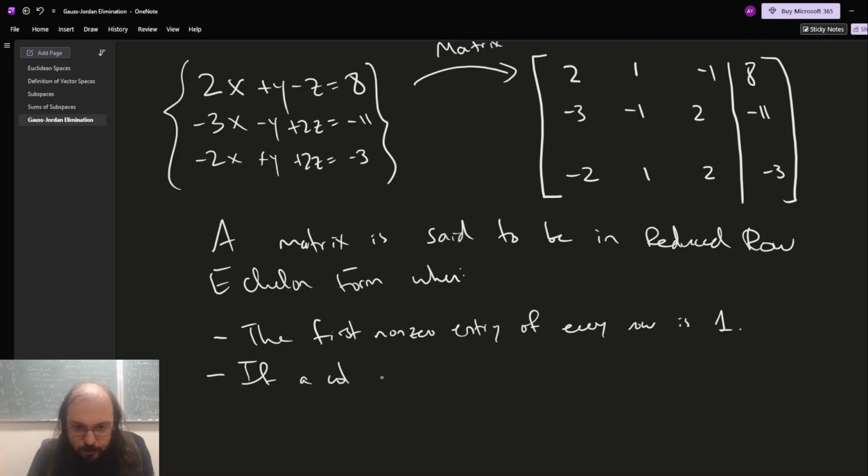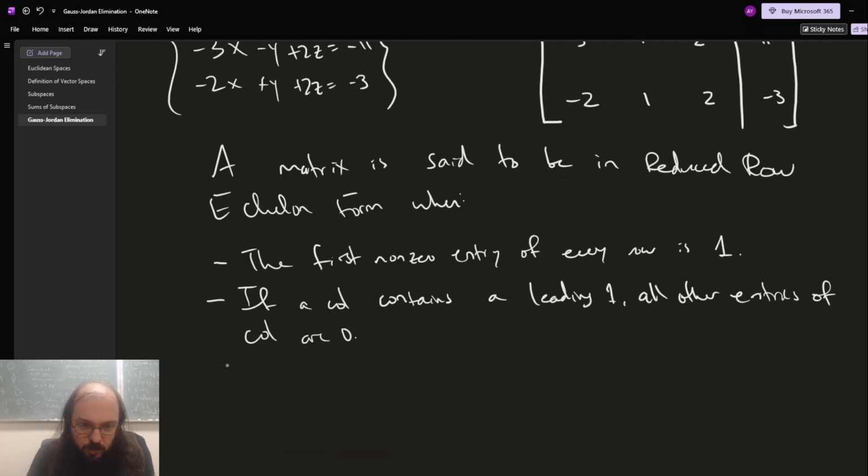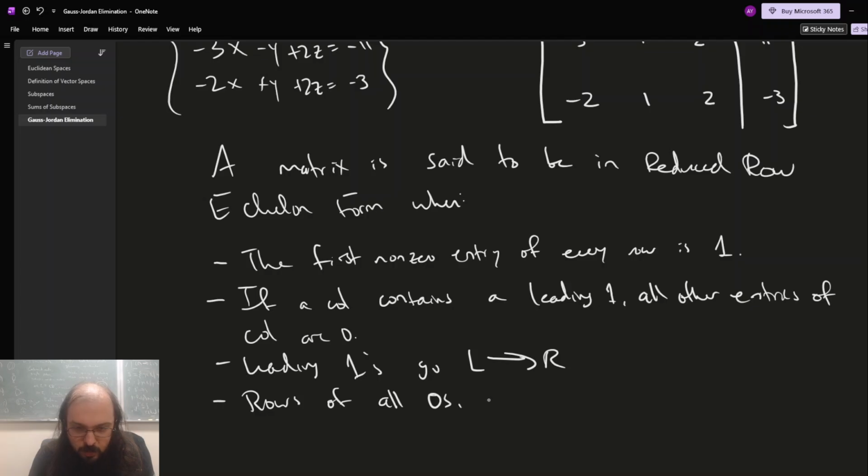If a column contains such a leading one, all other entries of that column are 0. The leading ones go left to right. And if there's ever a row of all zeros, put that on the bottom.